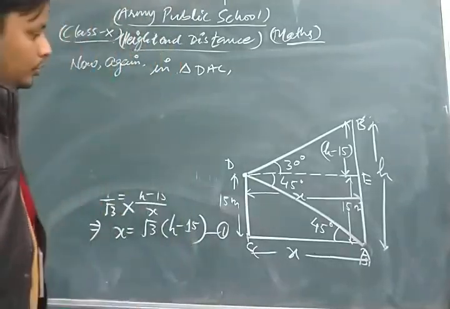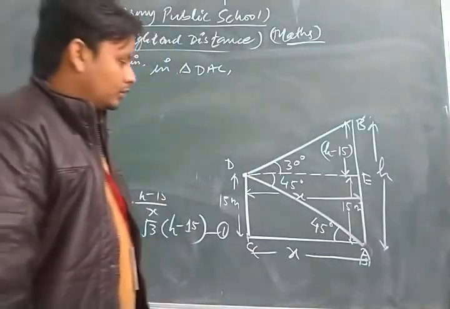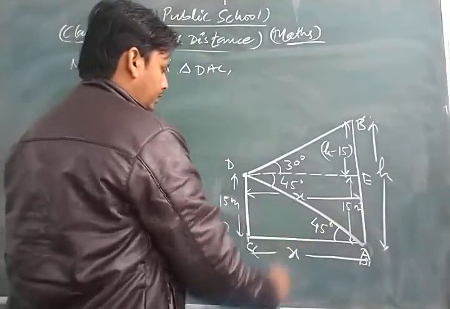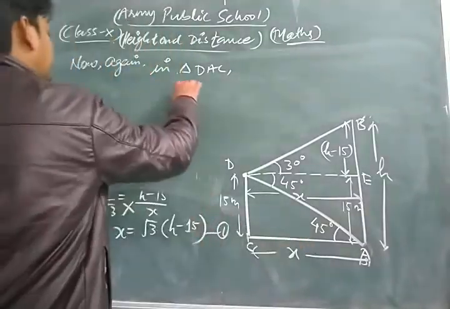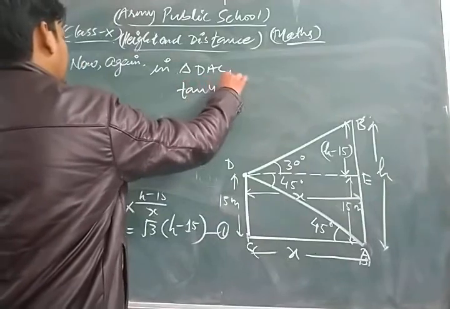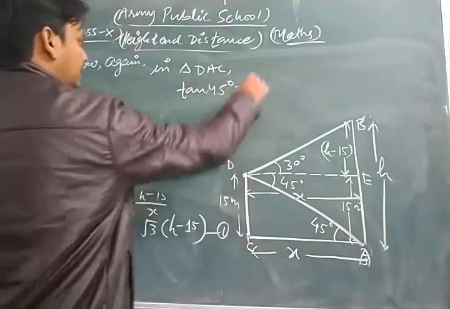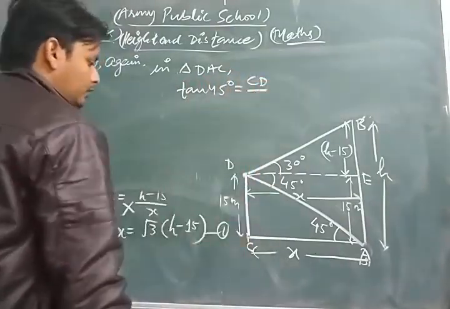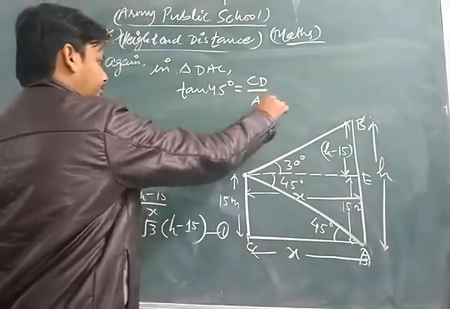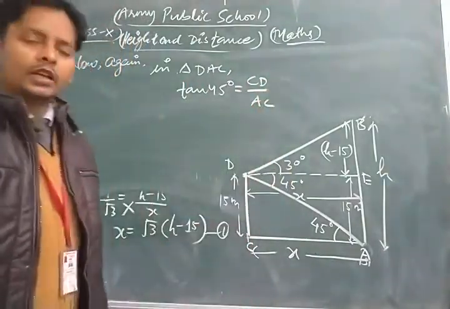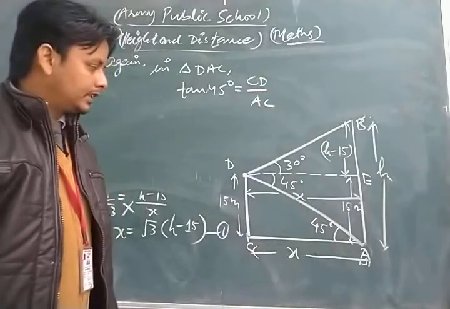According to that concept, tan 45 degree equals perpendicular upon base. Perpendicular is CD, base is AC. And dear student, you know that CD is 15 meter.